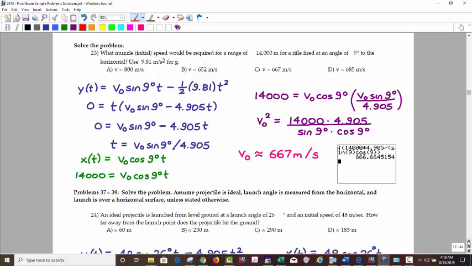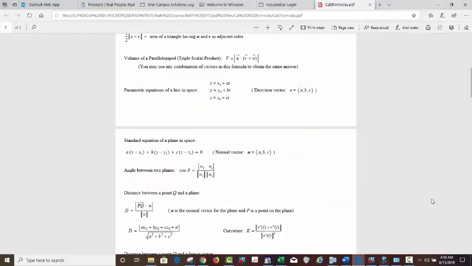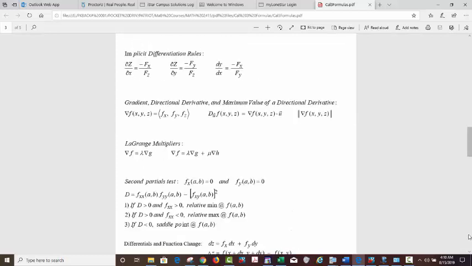Number 23, projectile motion problems. I won't copy and paste. I don't have much room there. But I already had this file ready, so let's see.